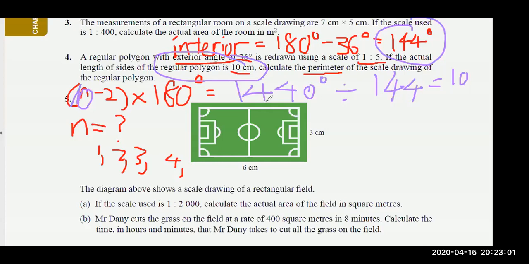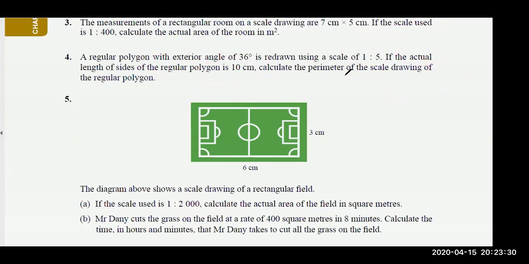So this one 5 is the object, 1 is the image, right? The image is smaller than actual size, right? So you change to 1 over 5. You can write like this, 1 over 5.